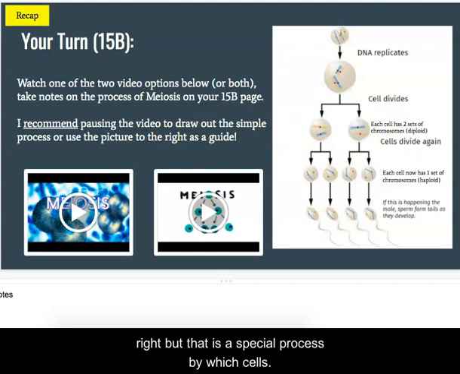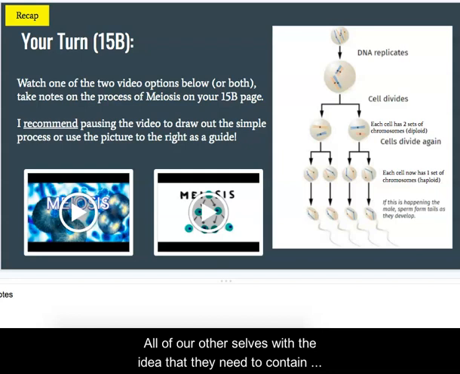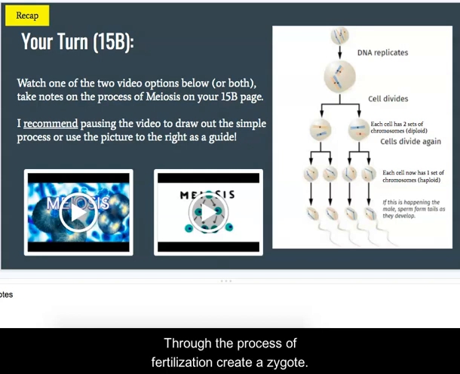It is a special process by which cells, our gametes, our sex cells, are created to contain half of the normal genetic material that makes up all of our other cells, because they're going to come together with another gamete and, through the process of fertilization, create a zygote.